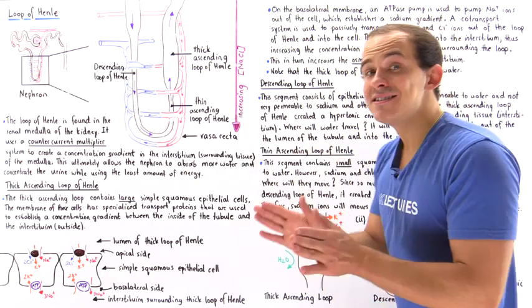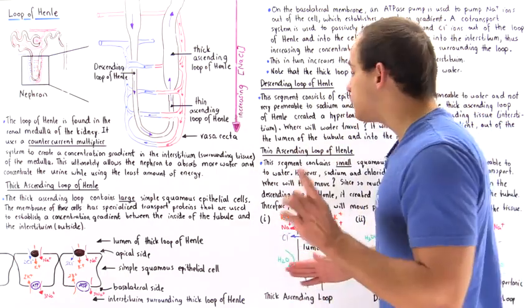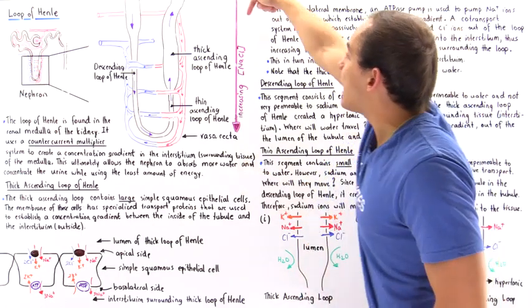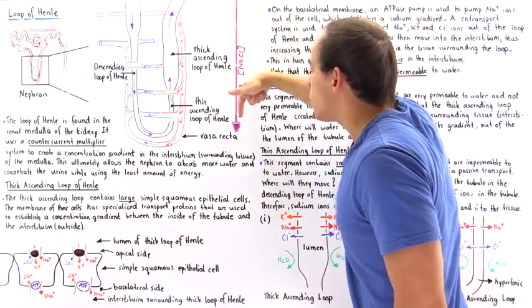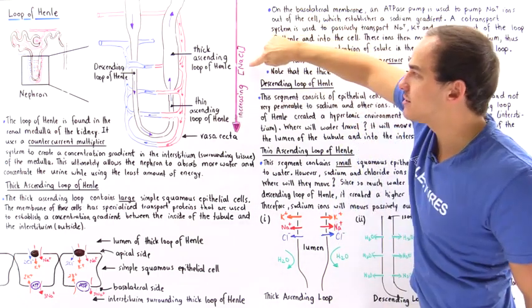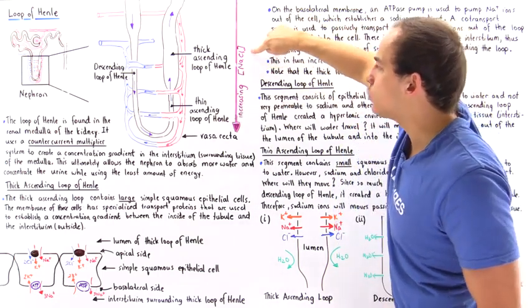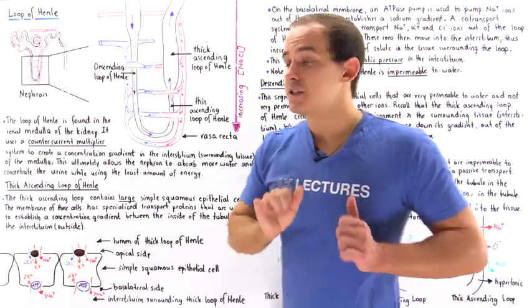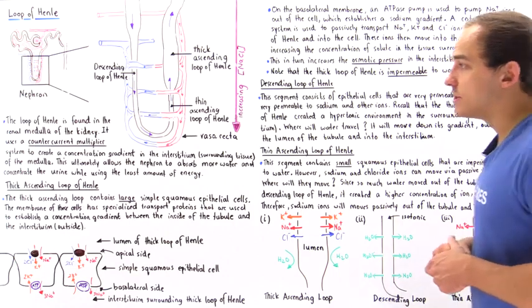And this increases the solute concentration found in the interstitium. In fact, as we go down along the medulla, we have an increasing concentration of sodium and chloride as we go lower and lower, and we'll see why that's important in just a moment.